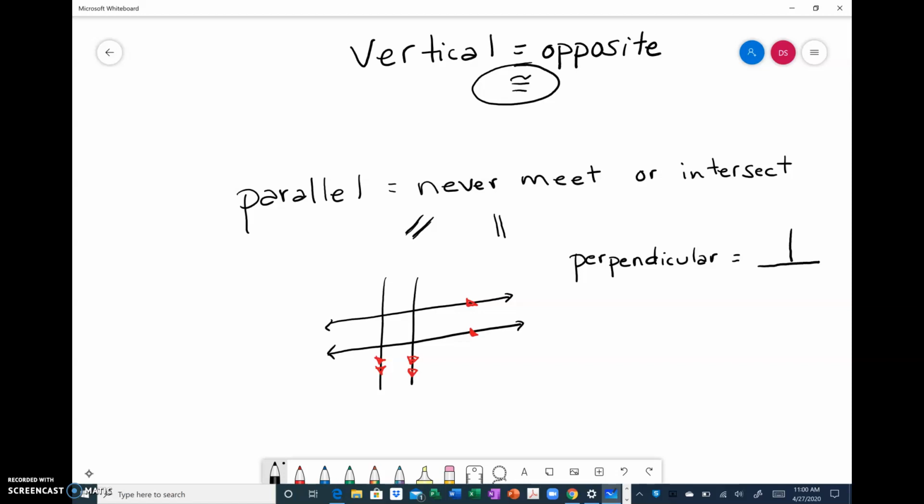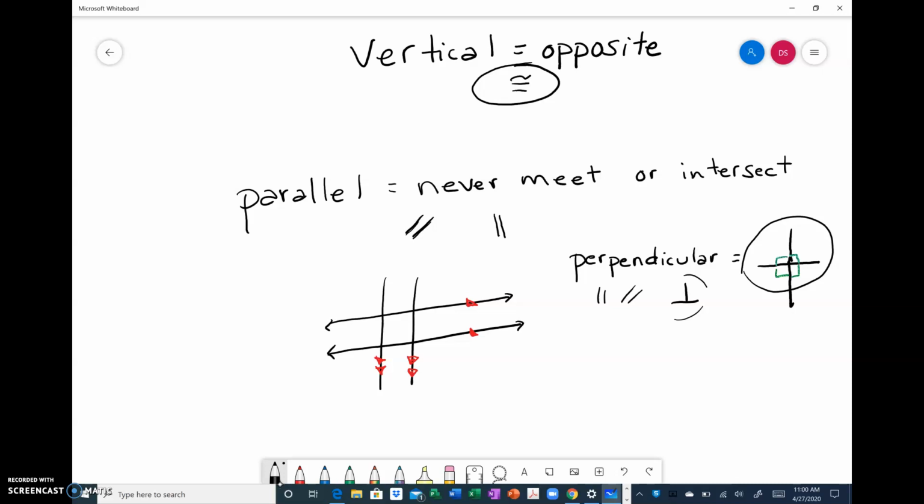And perpendicular lines would actually form 4 right angles, like that. I don't think that the sign gets used very often, but that's what you would see. So perpendicular is this sign and parallel is this sign or that.